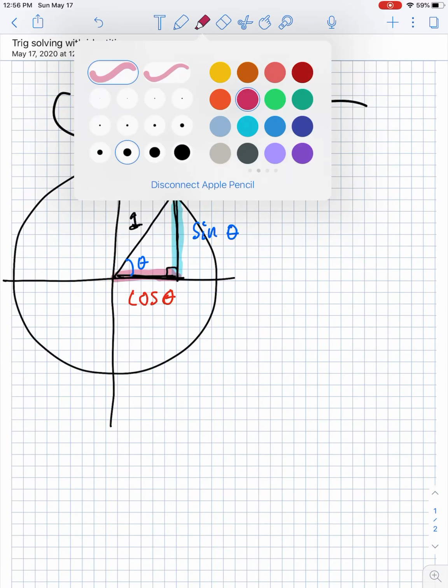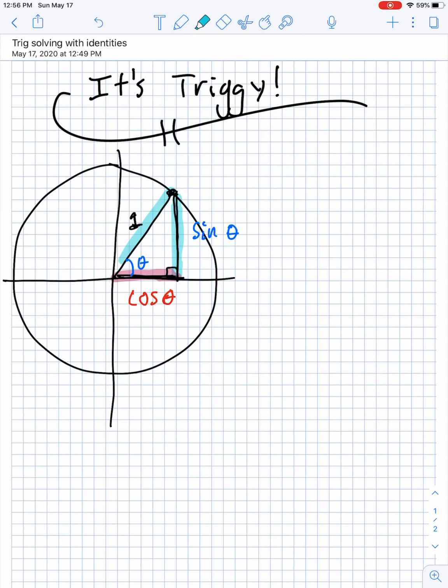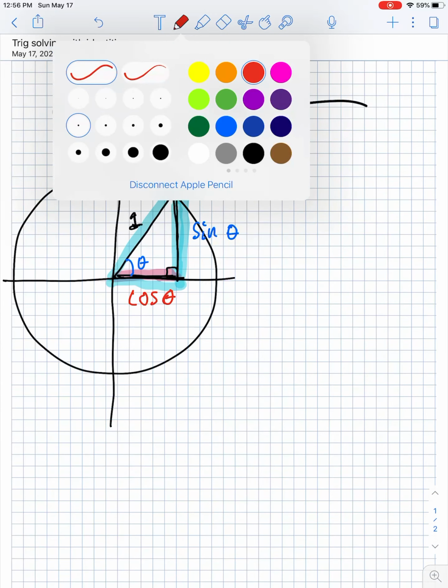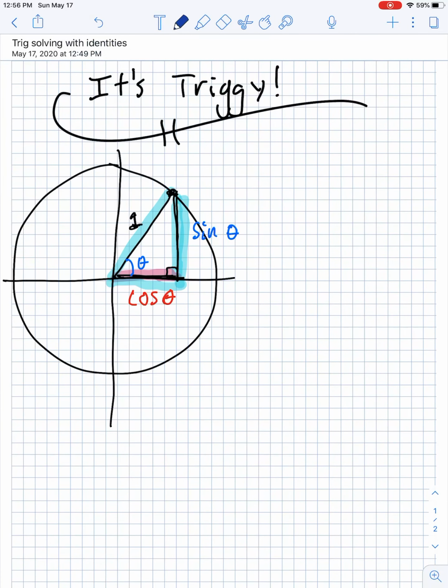We've been doing nothing but right triangles for a long time. This is a right triangle, which means a squared plus b squared is equal to c squared, the hypotenuse. But the height is the sine, the base is the cosine, and the radius, the hypotenuse, is 1.